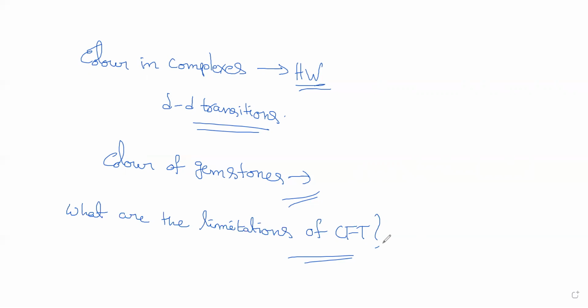Now we'll go to the next part. Stability and significance of metal carbonyls. I don't know whether metal carbonyls is there for you or not, but anyway, we'll deal with that. Metal carbonyls. What are these metal carbonyls?